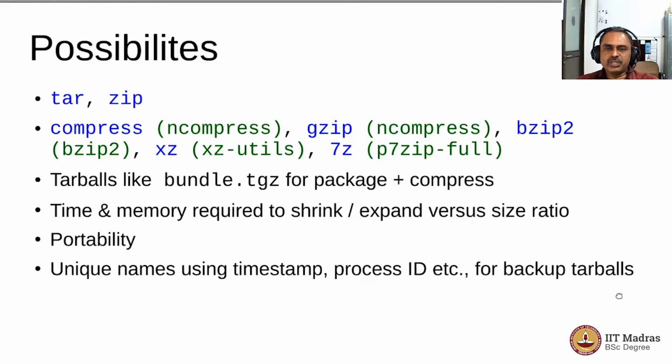So if you use these tools for bundling and compressing files, then you can uncompress and unbundle those files quite easily because the tools are open source and freely available. And it's also useful to learn how to stamp a date and time as well as the process ID along with a tar file for backup, so that unique file names are available when you are backing up some important pieces of information from your system at regular intervals.